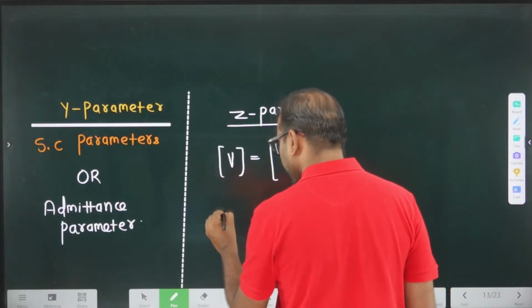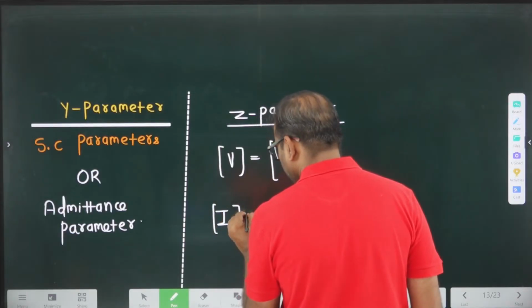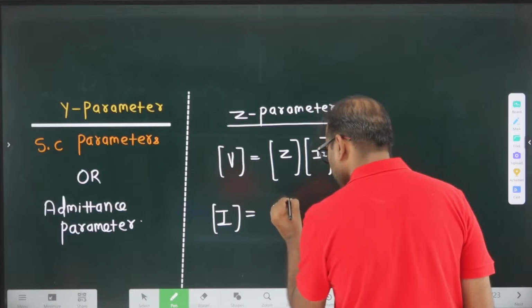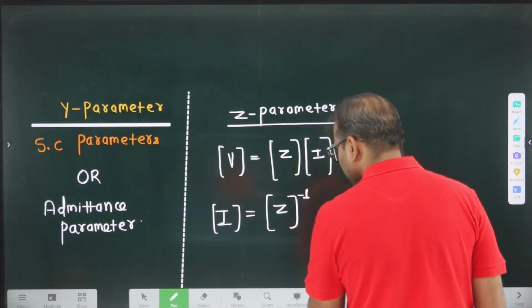Suppose I am interested in the value of I. We can write I equal to Z inverse into V.